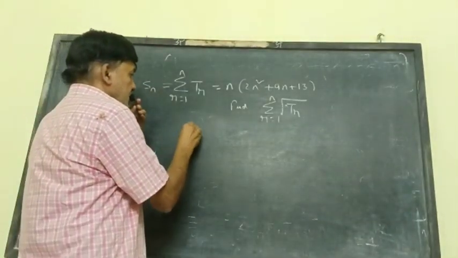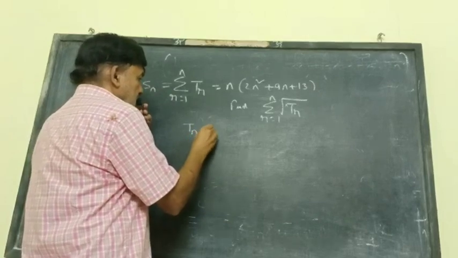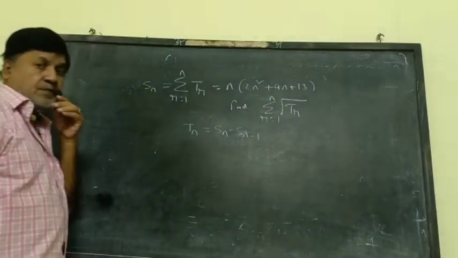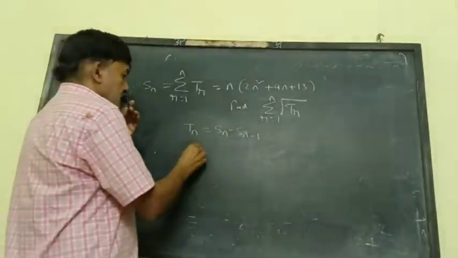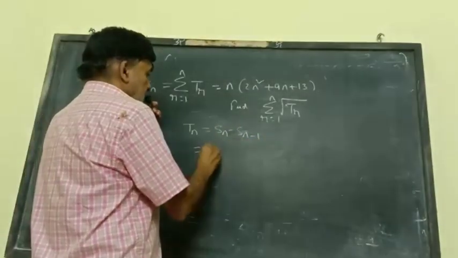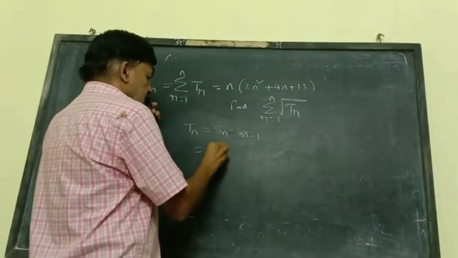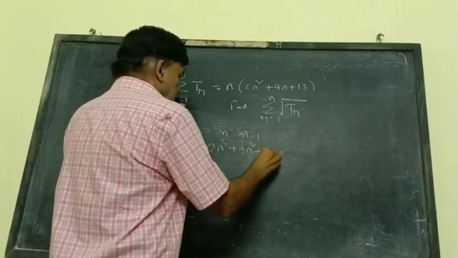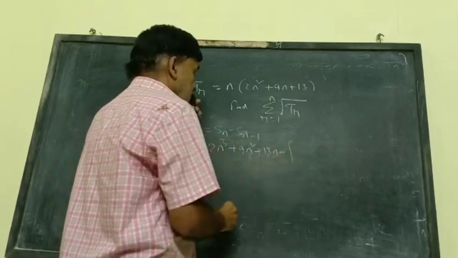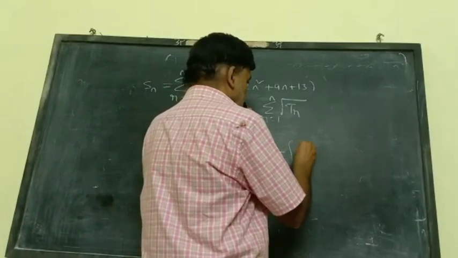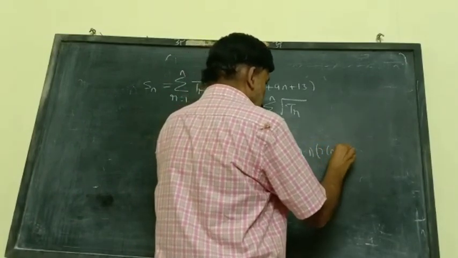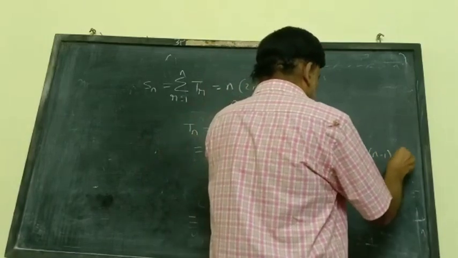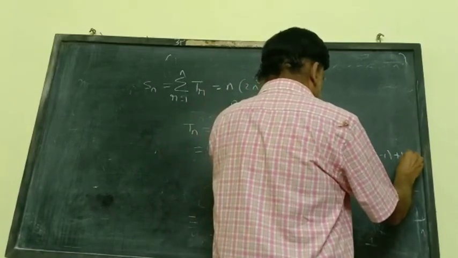And what is the nth term? Tn is equal to Sn minus S(n minus 1). So you are going to get like this, and you expand it: 2n cube plus 9n square plus 13n, minus (n minus 1) into (2 into (n minus 1) whole square plus 9 into (n minus 1) plus 30).